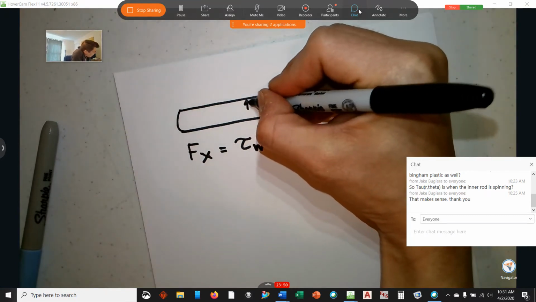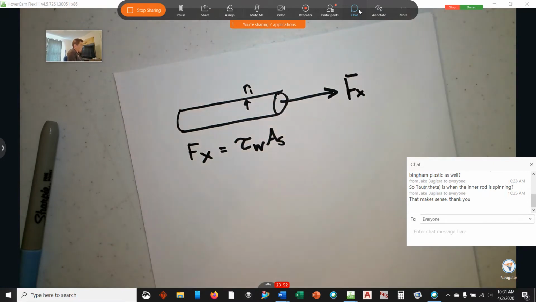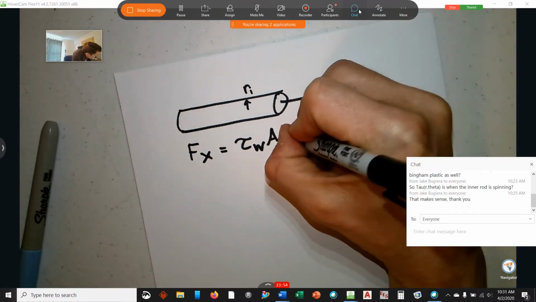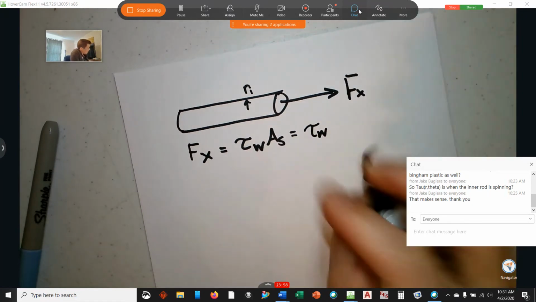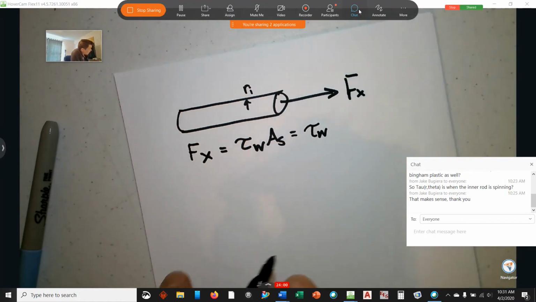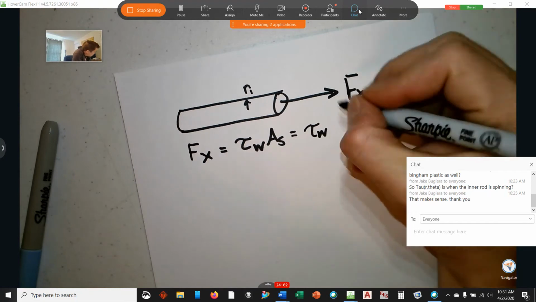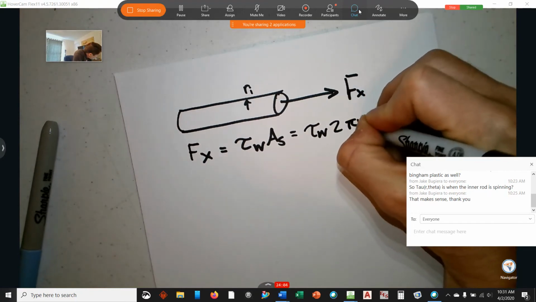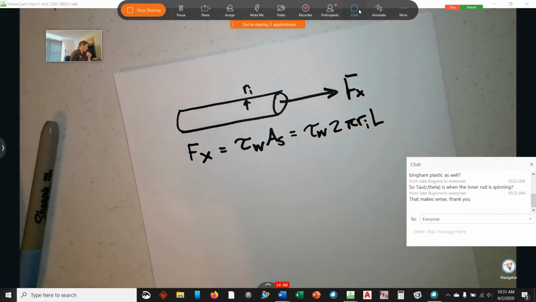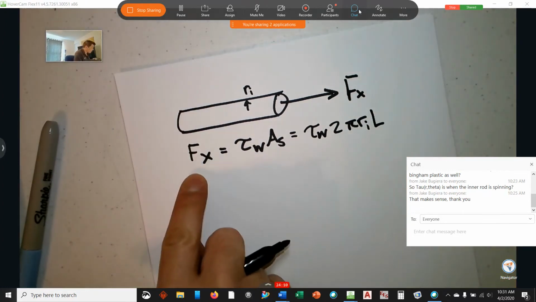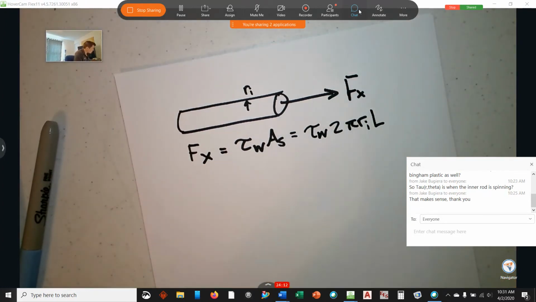This had an outer radius of Ri, the inner radius. So this should equal the shear at the wall times 2 pi Ri L. And that way we know this isn't some sort of variable, right? The force is equal to a constant.